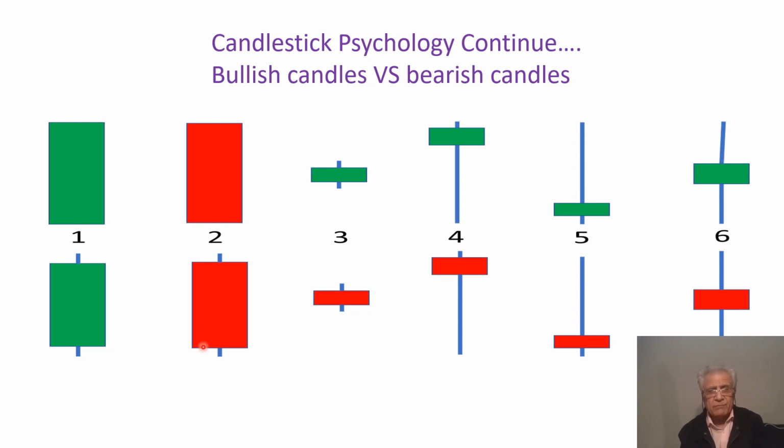Number three, small bullish and bearish candles with a small upper and lower shadow. It means neither the bulls nor the bears can move the price considerably, because the distance between open and close is very small.